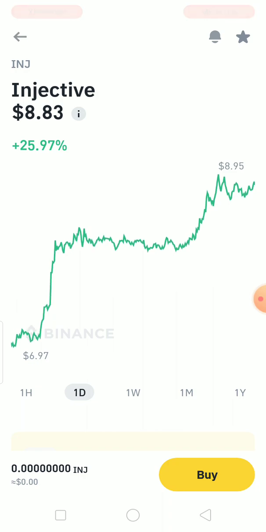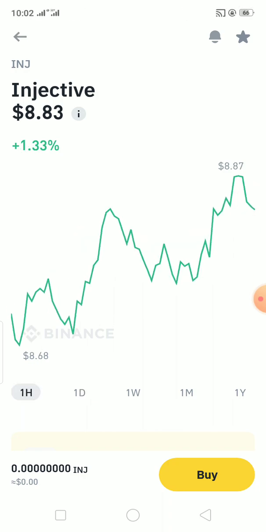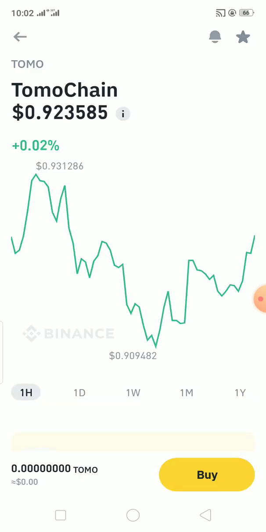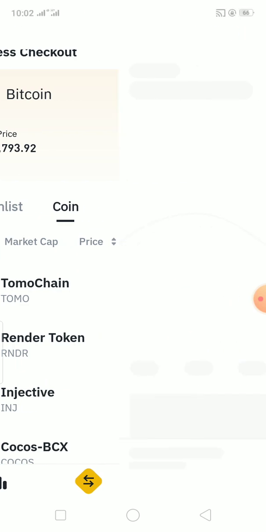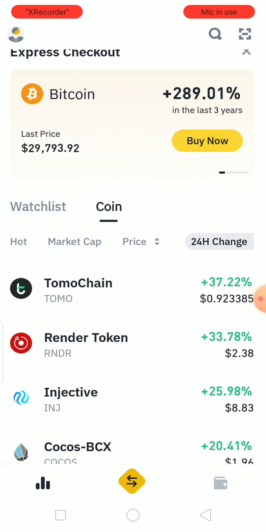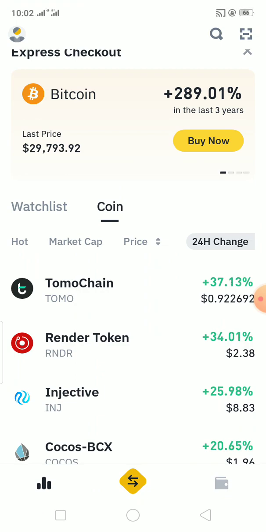Inject is going good, so we're gonna invest in Inject, and I will tell you how you can buy this coin. Okay, we have Inject, INJ, and we can see another rise from this currency. It is going low, Render, and the Render is also going low, so we are going for Injective.